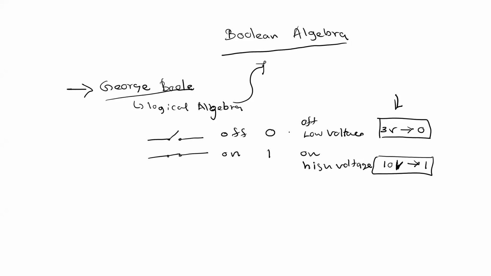So that is the basic idea behind representing these logical circuits. You can use either off and on states or low and high voltage values. Remember that. However, we have two notations, one is 0 and the other is 1.